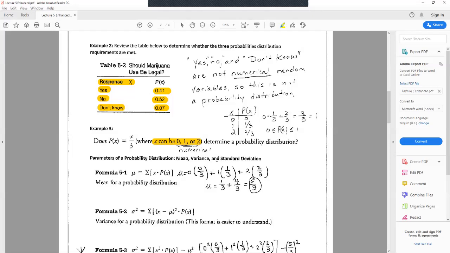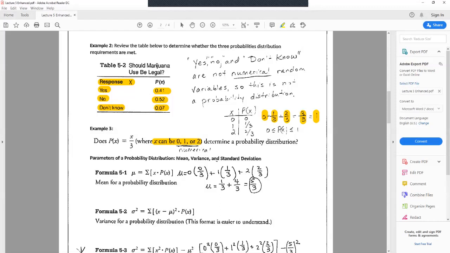Well, the probability of 0 occurring would be 0 over 3, which is 0. And the probability of 1 occurring would be 1 over 3, which is 1/3. And then the probability of 2 occurring would be 2 out of 3, which is 2/3. And if you add up 0 plus 1/3 plus 2/3, you would get 3/3, which is 1. So the sum of the probabilities is 1.